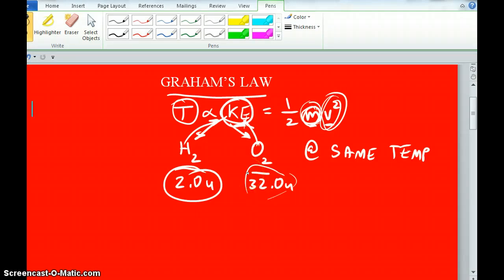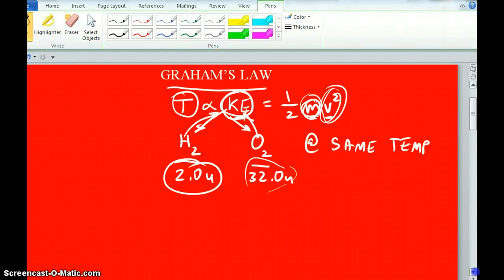And I always like to use the analogy of football players. The small guys are the ones you see in the speed positions at wide receiver or something. They've got to sprint down the field ahead of everyone else. And the bigger guys don't have to move as fast. They're there on the line blocking. So I like to think small is faster, big is slower. And that's essentially what Graham's law is.